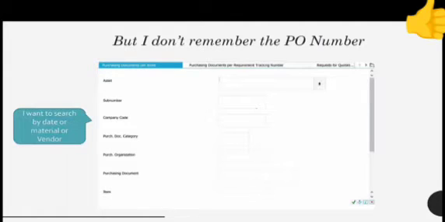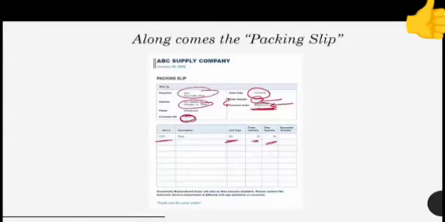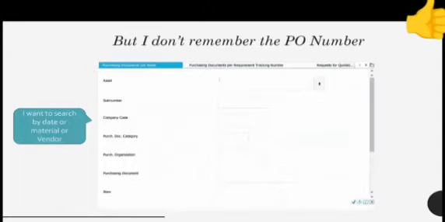So how do you pull back the PO number that the vendor has sent? You could take that packing slip, right? There was a packing slip, remember? This packing slip contains the PO. You could use that. Just type it in and then pull your PO, or you can use search to pull in the PO based on dates or based on who created it. So these are all the search criteria that you have.